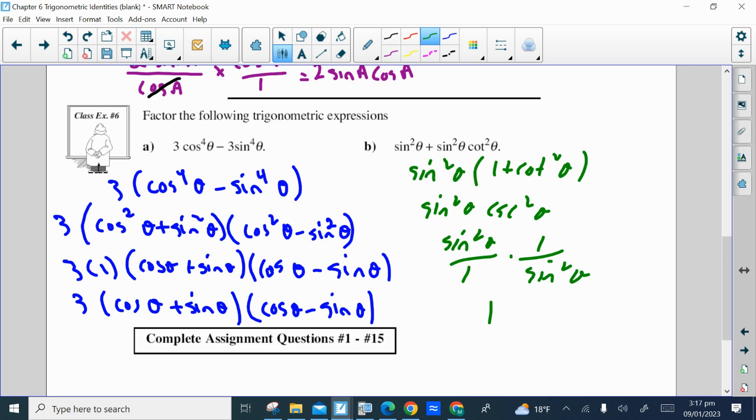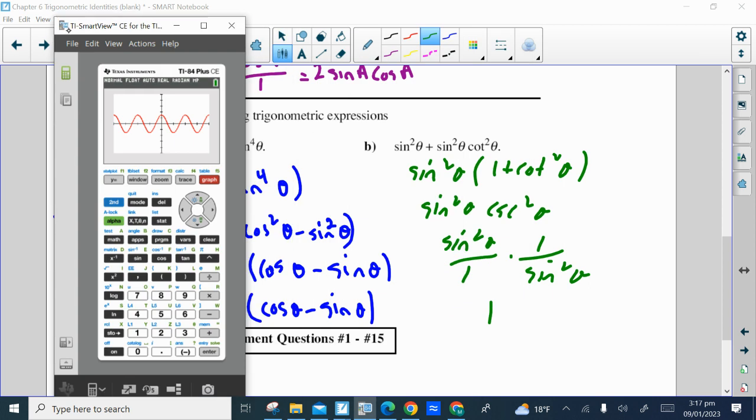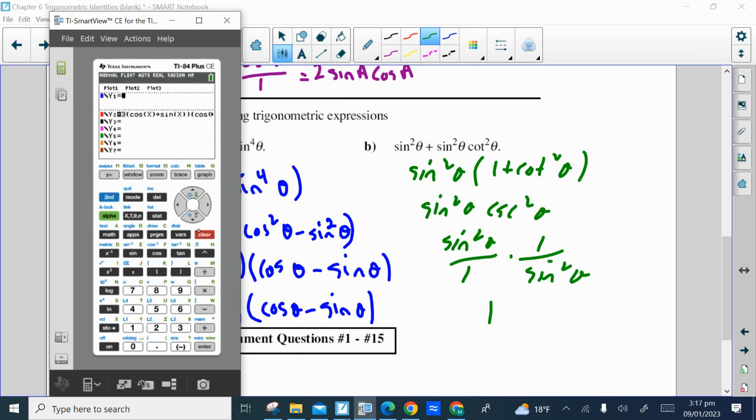So we saw one of these earlier where the simplified expression was 1, so if you graph it, you should get the line y equals 1. So we'll do that just to check. I have to open up a bracket so I can square the sine of x, plus, open up another bracket so I can square the sine of x again, times the cotan of x all squared, which again, I'd have to use brackets and go 1 divided by another bracket.